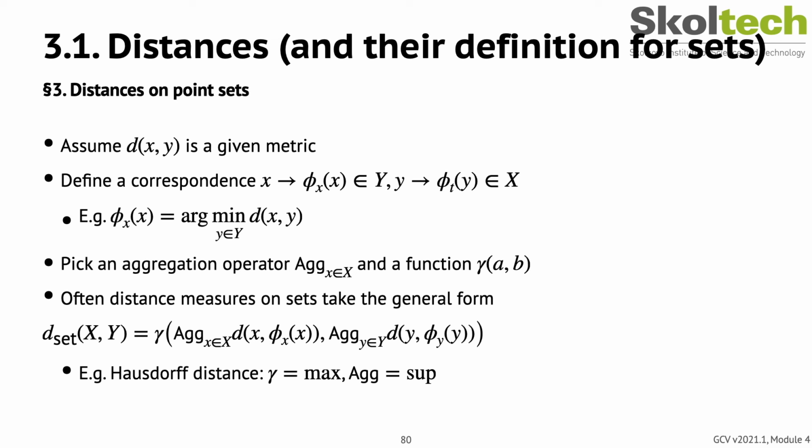Specifically, we first find pairs of points x and phi of x, y and phi of y, using the correspondence function. Next, we aggregate using the aggregation operators over sets X and Y separately. Lastly, we employ the gamma function to merge the two resulting values. One example is the Hausdorff distance, where we choose gamma to be max and aggregation to be the supremum operator.